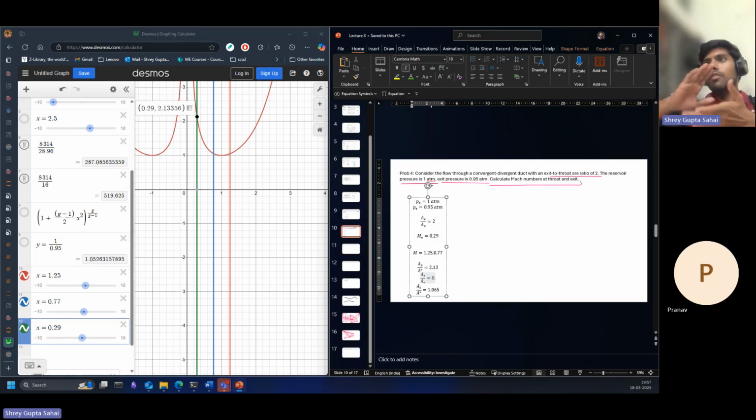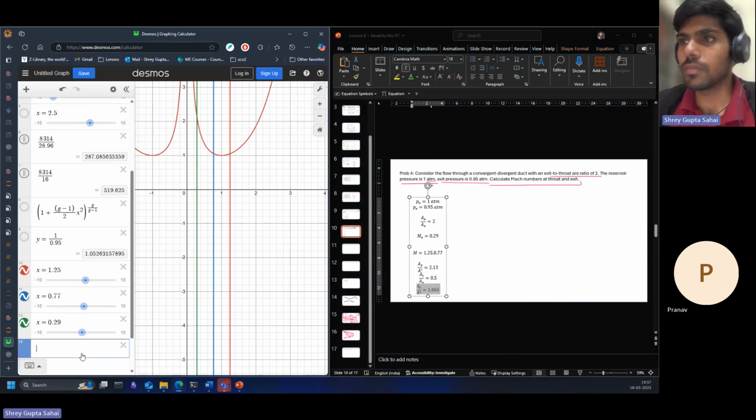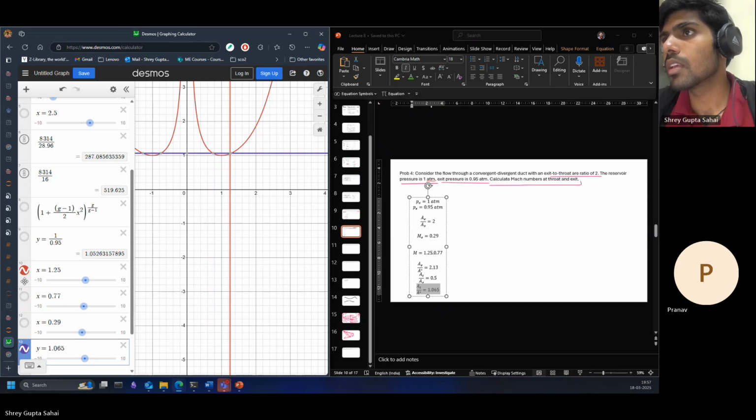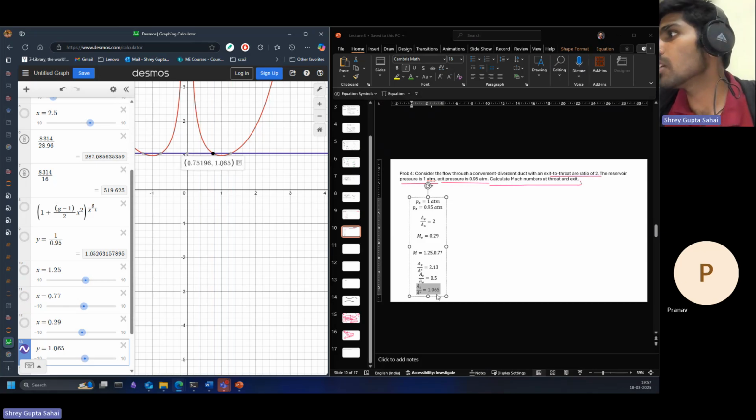Because the flow is entirely subsonic and it's isentropic, the A by A star value is going to change because Mach numbers are going to be different. Because we are given that the exit area ratio is 2, we use this multiplication to find the area ratio, 1.065. Now we'll feed this back in to find the Mach number. It's a little confusing the way I have presented it, but this value comes out to be 0.75.